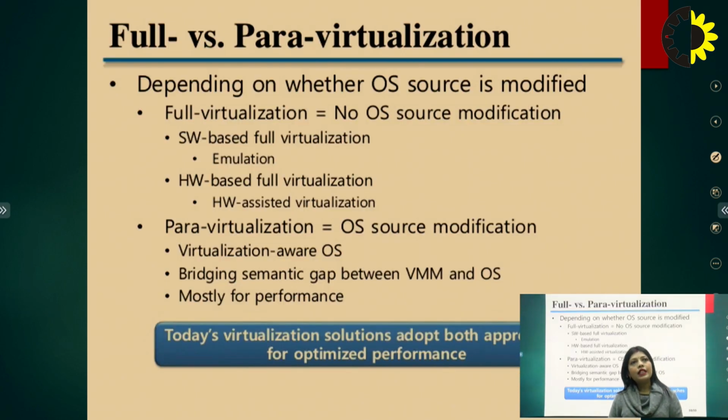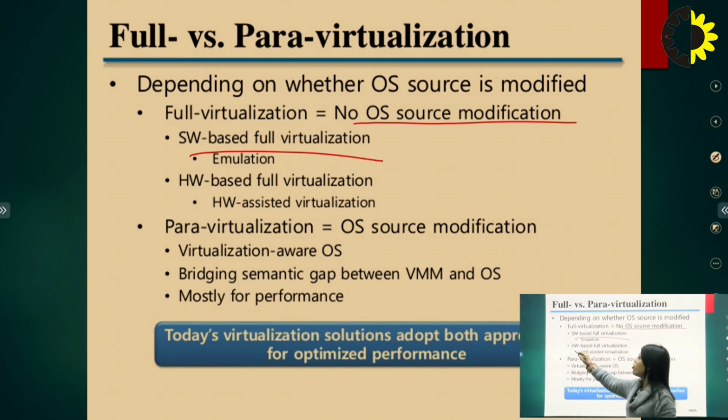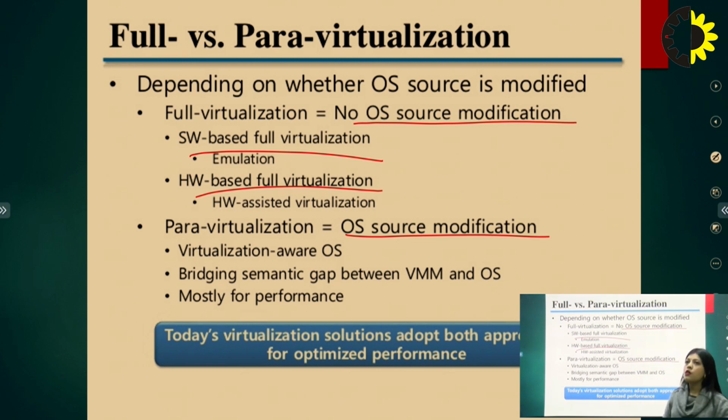So what is the difference between full virtualization and para-virtualization? In full virtualization, there is no operating system source modification. In this, there are software-based full virtualization and hardware-based full virtualization. But in para-virtualization, there is operating system source modification, because in this we have a guest operating system.